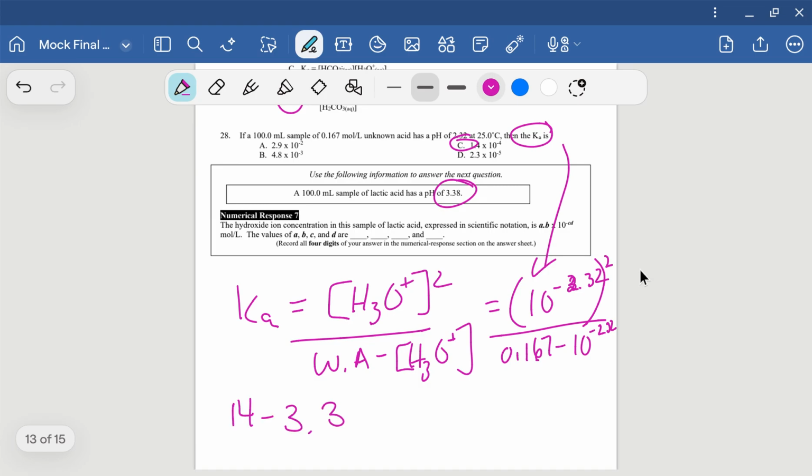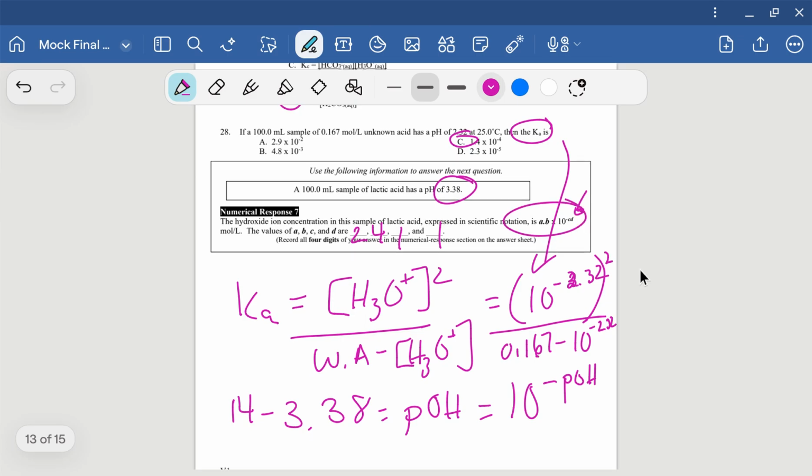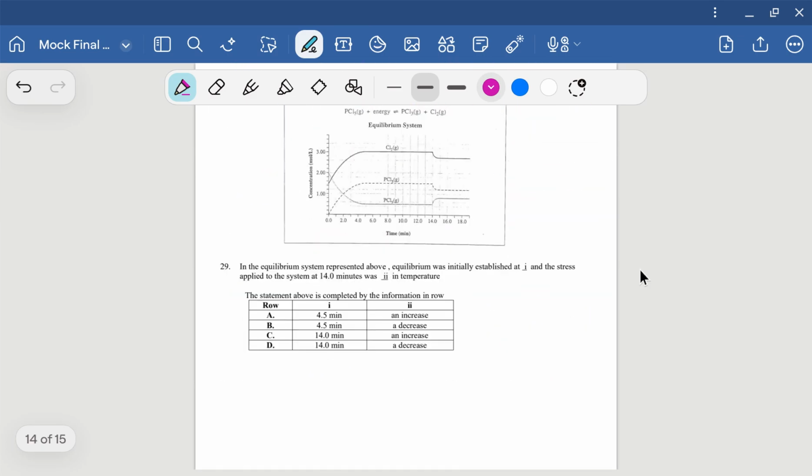So 3.38 will equal your pOH, and then if you want the hydroxide concentration, you can do 10 to the negative pOH and fill it in from there. So when we do that, we will see our answer is 2.4 times 10 to the negative 11. Again, use this notation to give yourself a clue. If you don't have a negative number with 2 digits, something probably went wrong.